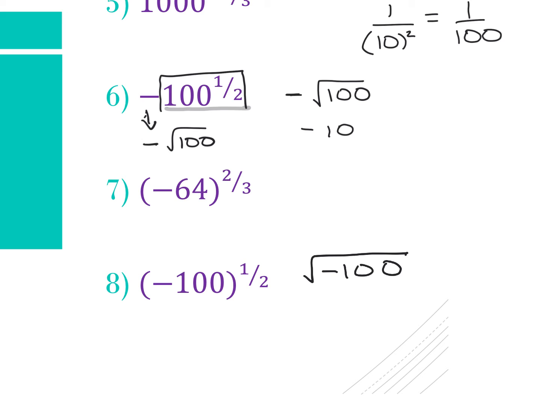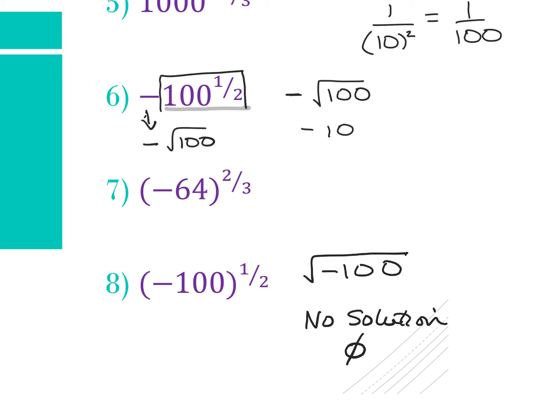Now, right now, in Algebra 1, they don't teach you about imaginary numbers. All of the things you've probably learned up to this point are only with the real number system. So whenever you see a negative number under a square root right now, you're going to tell me that this answer is no solution, because we don't know how to find the square root of a negative number yet.